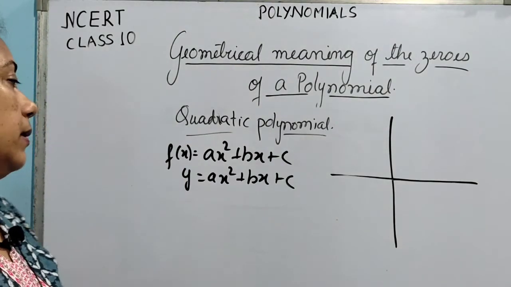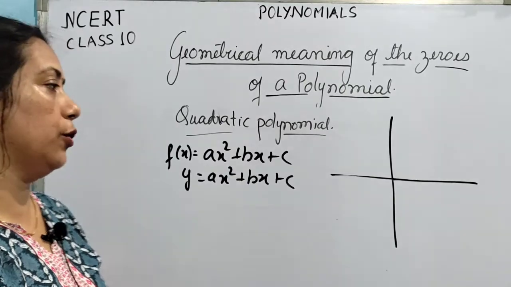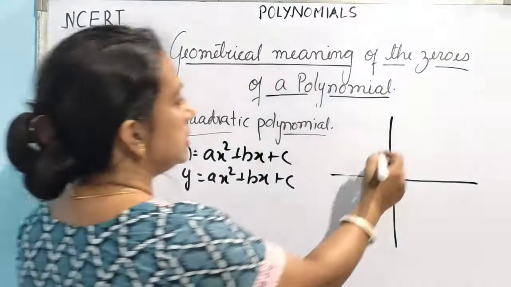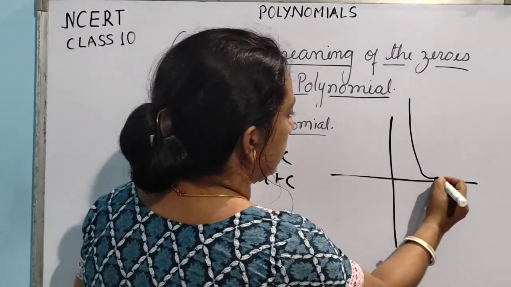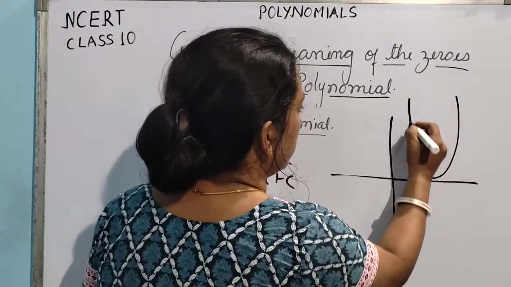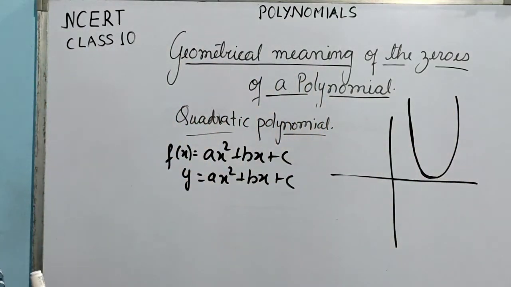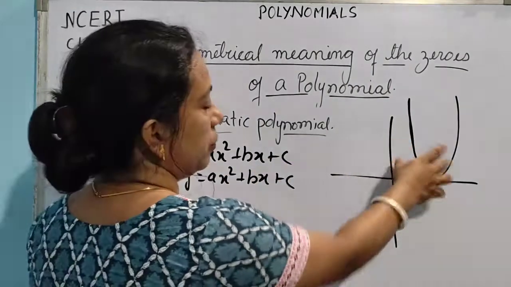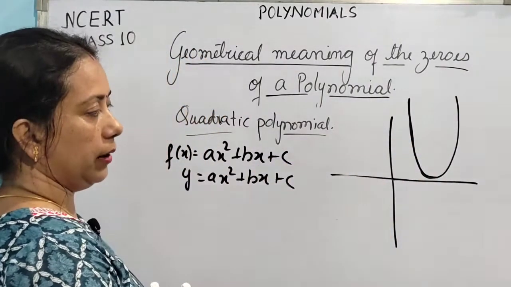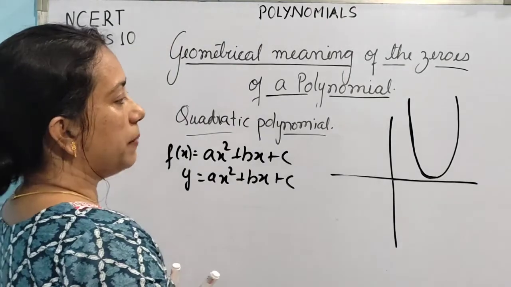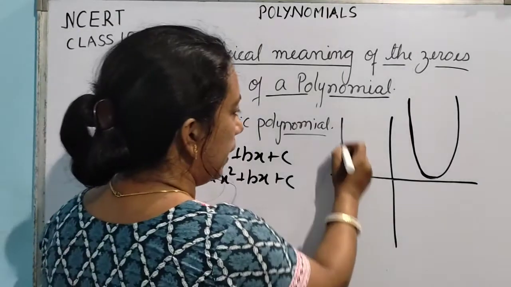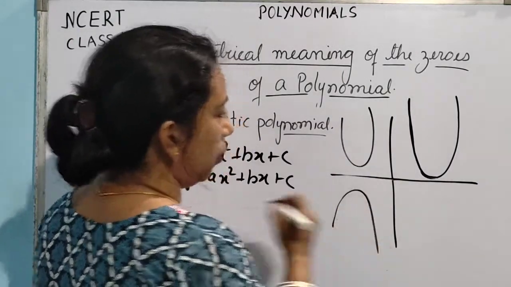Now always remember that in the case of a quadratic polynomial, we will always get this type of graph, and these are called parabolas. Now this parabola may open upwards or may open downwards.